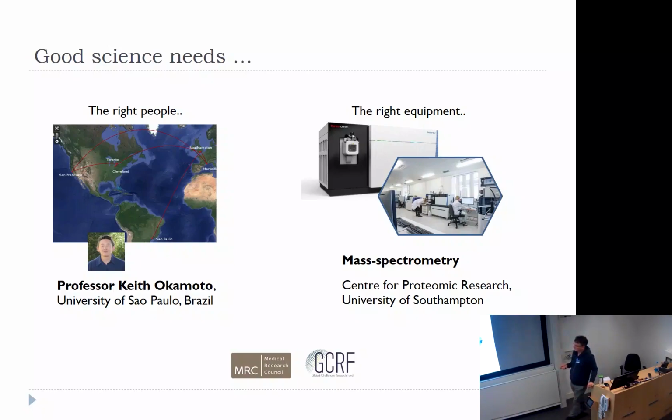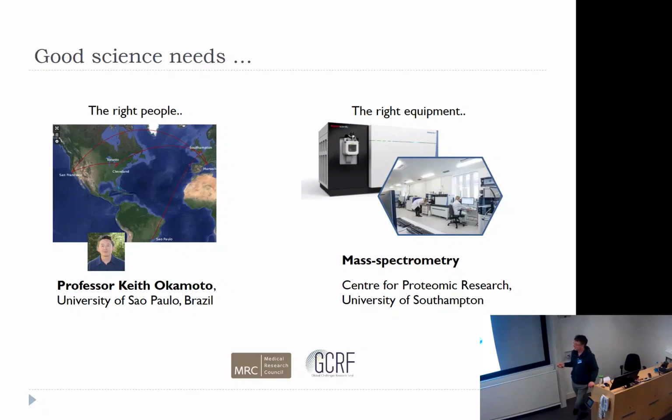And the second thing it really needs is the right equipment. And actually here at Southampton, we're really very lucky, because 2 floors up from here, we have a centre for mass spectrometry. So the mass spectrometers are those instruments that I told you about earlier that allow us to identify the proteins in the cells.